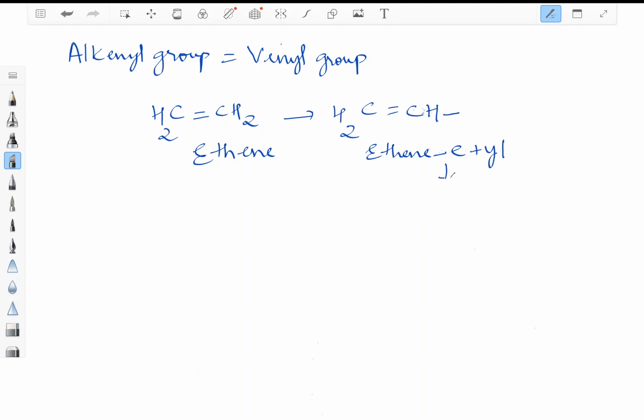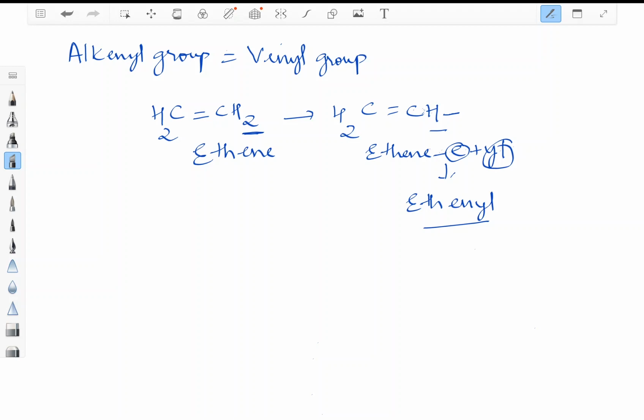The name will be ethenyl. This is the scenario when you have an alkene and from that alkene you lose one hydrogen; that is nothing but a vinyl group. The name pattern you need to remember: from ethene, remove E and add YL. The name will now be ethenyl.